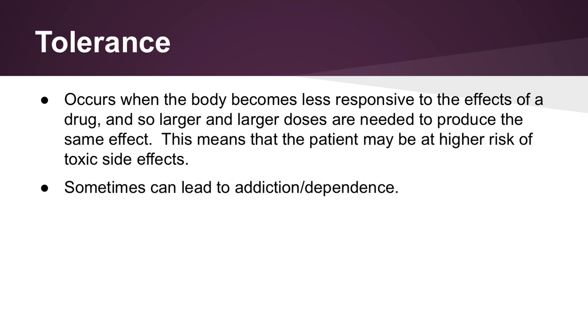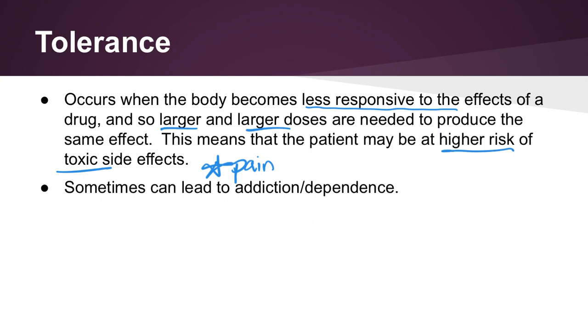Finally, the last thing we need to talk about is tolerance. So this can occur when the body becomes less responsive to the effects of a drug. And so you need more and more or larger and larger doses in order to produce the same effect. So as that happens, a patient's going to become higher risk of those toxic side effects. This happens a lot with pain medications.